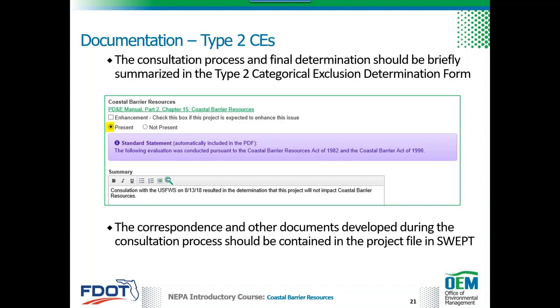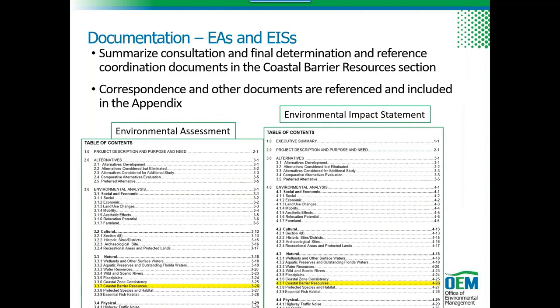It is recommended that these documents be placed within the Coastal Barrier Resources folder within SWEPT. For EAs and EISs, summarize the consultation and final determination in the Coastal Barrier Resources section. Correspondence and other documentation are referenced and included in the appendix.